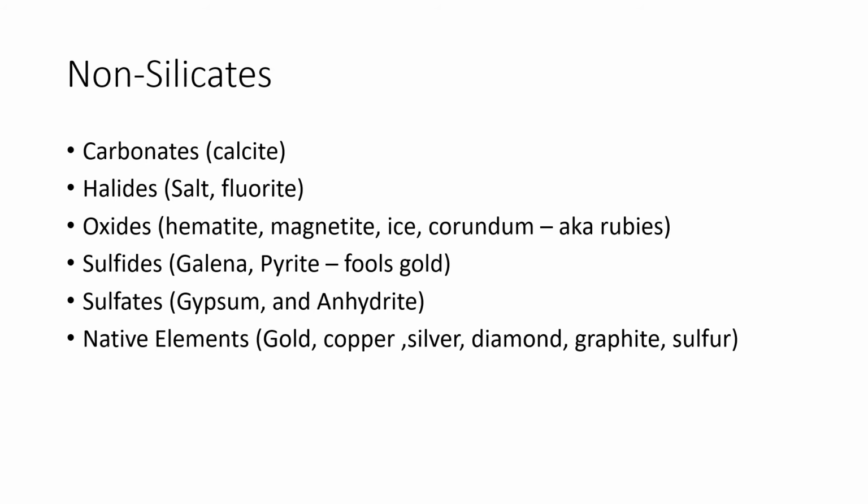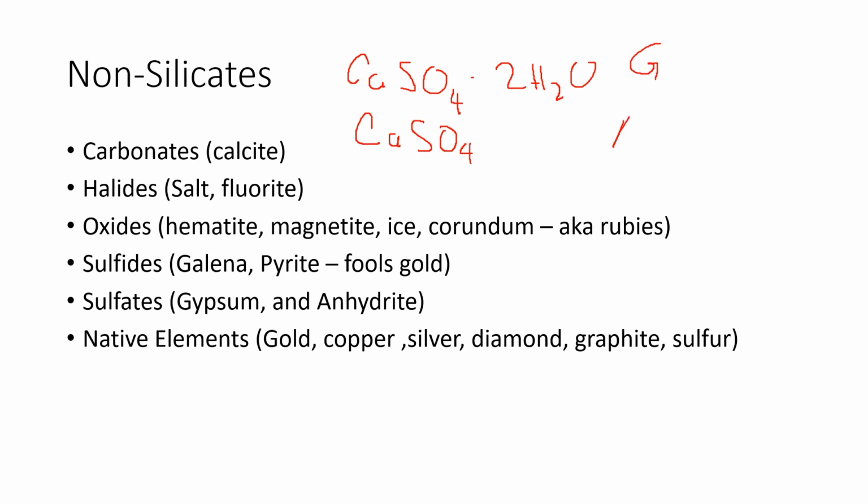So gypsum and anhydrite, for example, their chemical composition is CaSO4 with 2 H2O and CaSO4. So this is where we have gypsum and anhydrite. So what is the big difference between them?